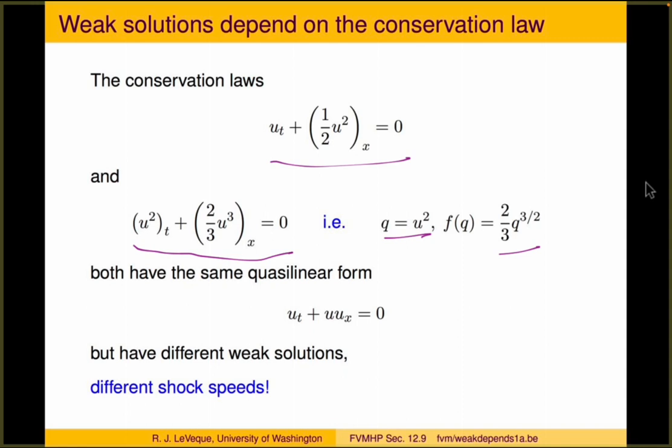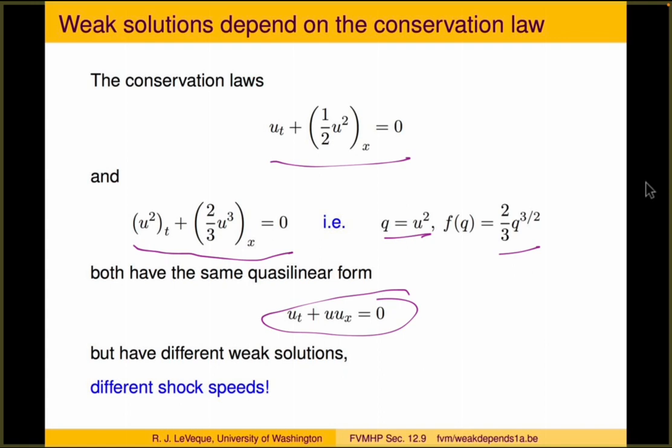Okay, but both of these equations, if you write down the quasi-linear form, they're both identical. They're both this u_t + u u_x = 0. So all three of these equations for smooth solutions can give the same solution.